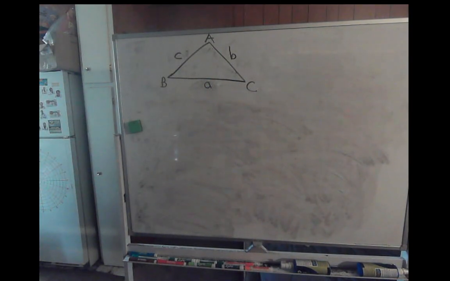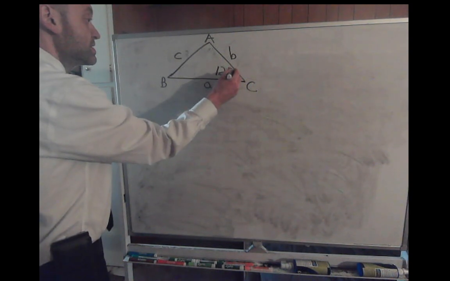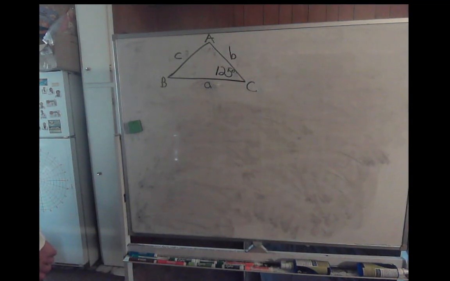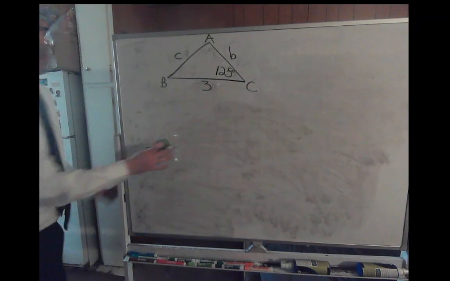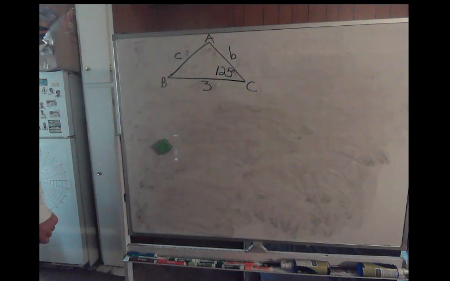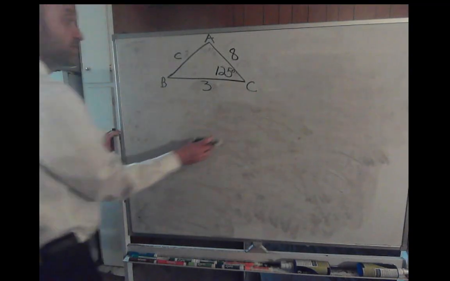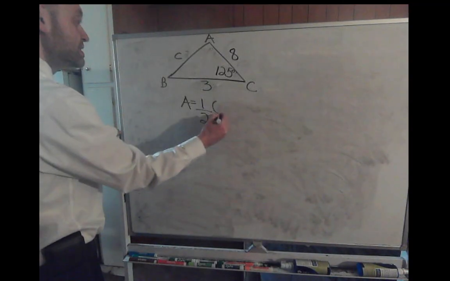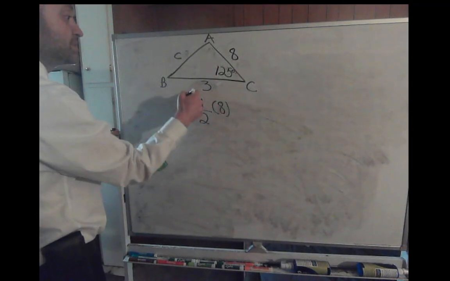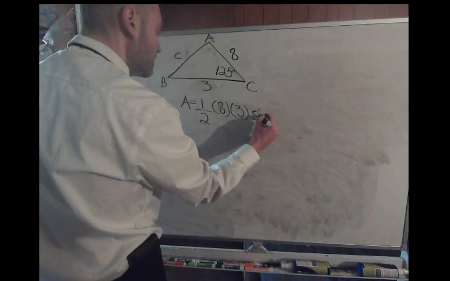All right, 4 more. C is 125 degrees, A is 3, B is 8. Let's find the area. The area is going to equal 1/2 times 8 times 3 times the sine of 125 degrees.